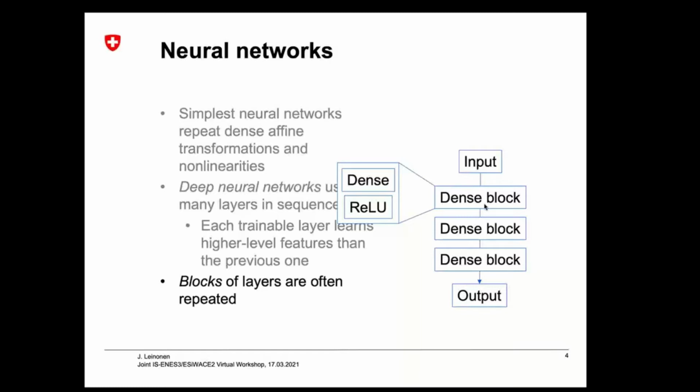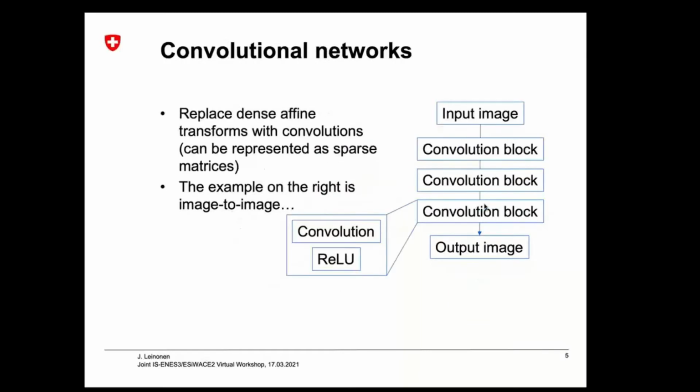And so most of you have probably heard of these convolutional neural networks. And in these, we simply replace these affine transformations with convolutions. So now our inputs are typically images, and we do a convolution and then a nonlinearity in a single block and keep repeating that.